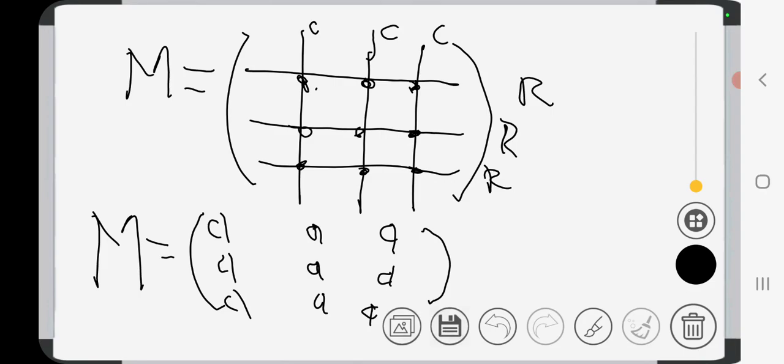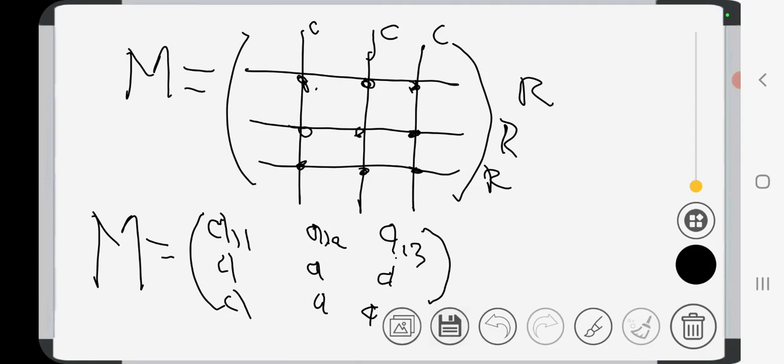Now let's start with the first element on top here. All the elements on top here, they are in the first row. So I'll just write A subscript 1 1. And each of these elements, the first one is in column 1, the second one is in column 2, the next one is in column 3.